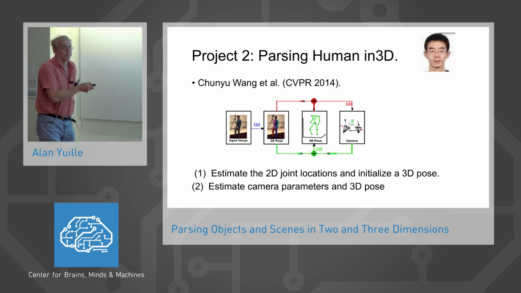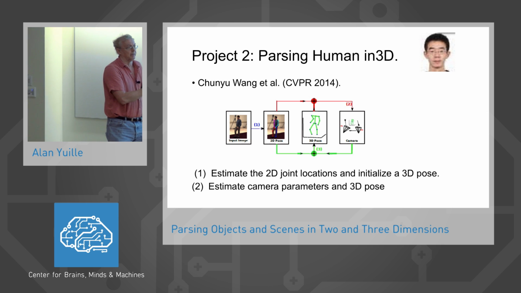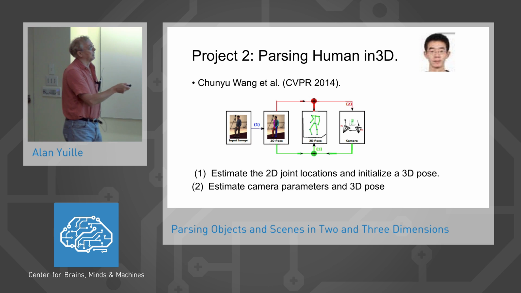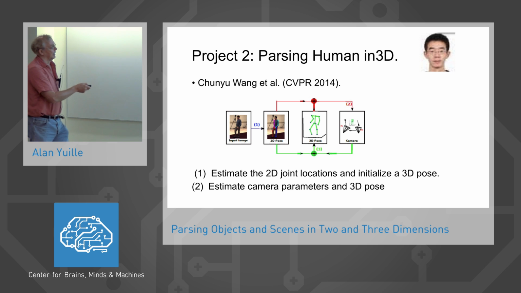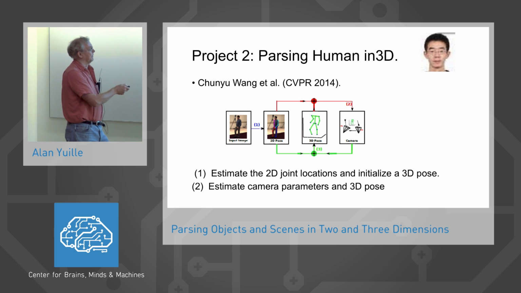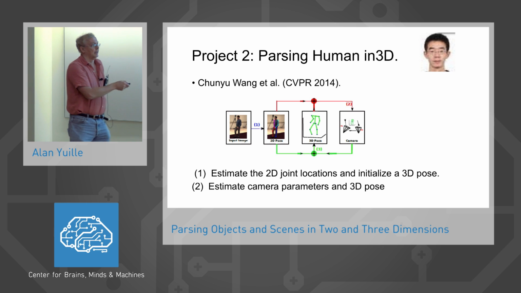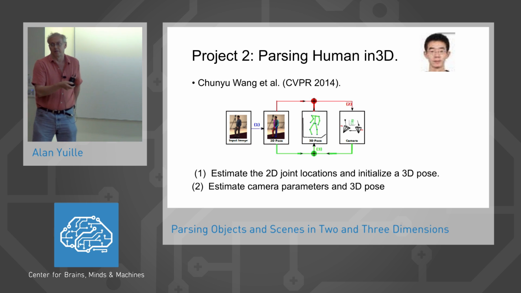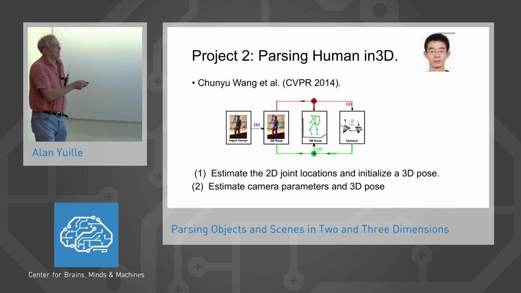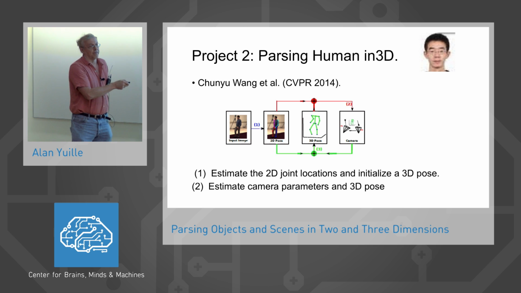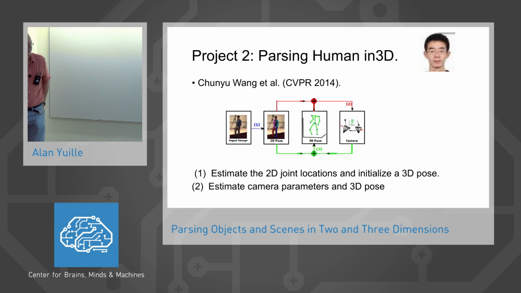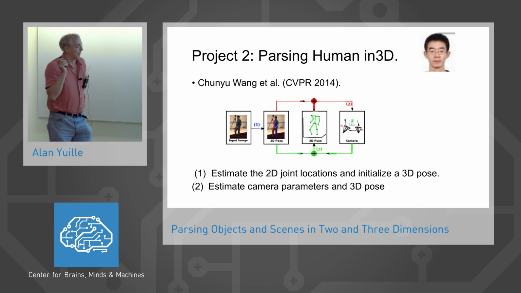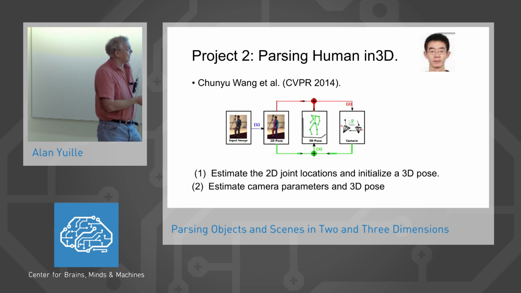Building on some prior work that's been done in the computer vision community, this work by Chunyu Wang starts from an input image, finds the joint positions automatically using some existing algorithms, and from that estimates the three-dimensional pose of the person from a single image.